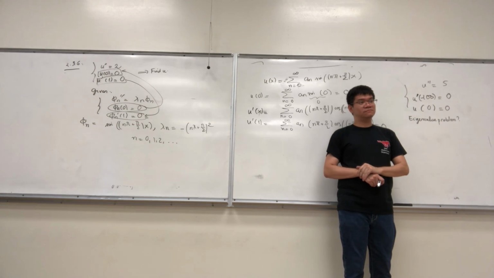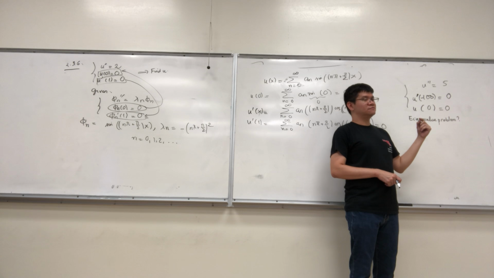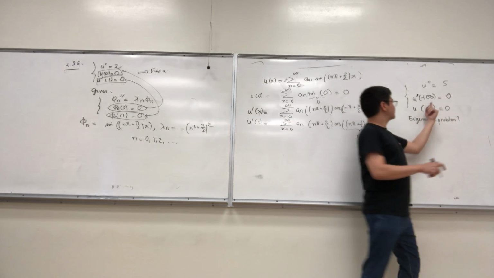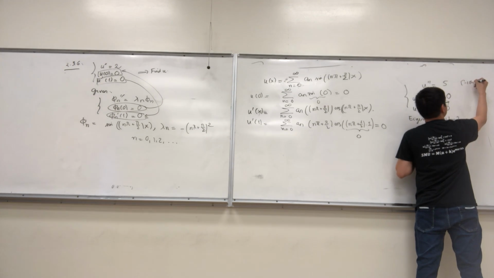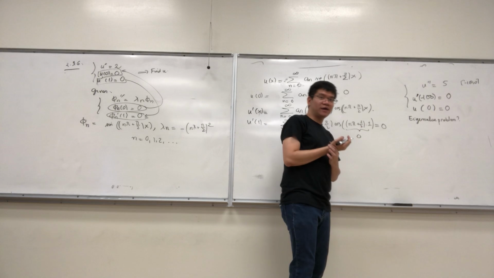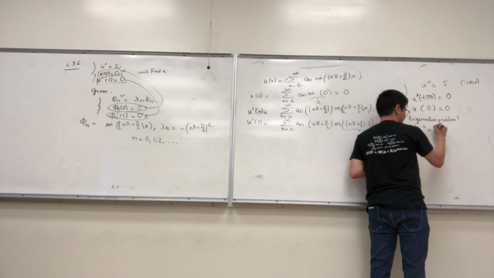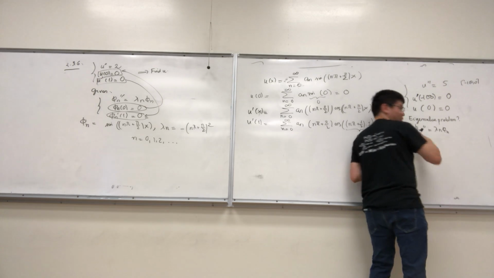I think you would need the one that has the cosine factor, like the negative, because they're negative, right? Does not affect the outcome. So this is from minus 100 to 0. So the interval is from minus 100 to 0, right? So the eigenvalue problem will be phi n second is lambda n phi n. First thing is always the same.